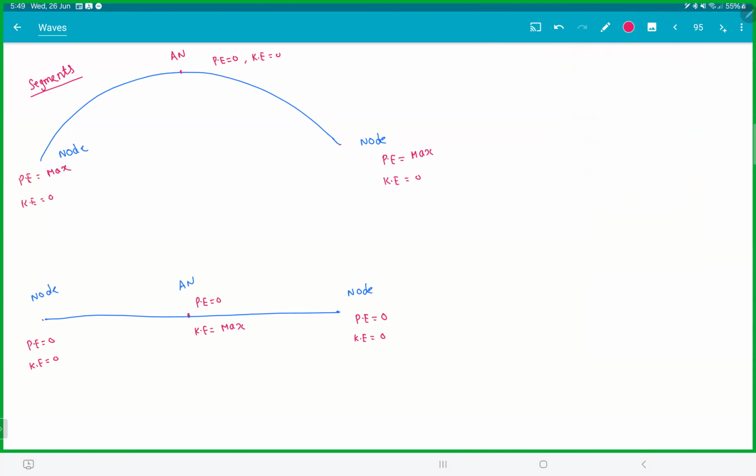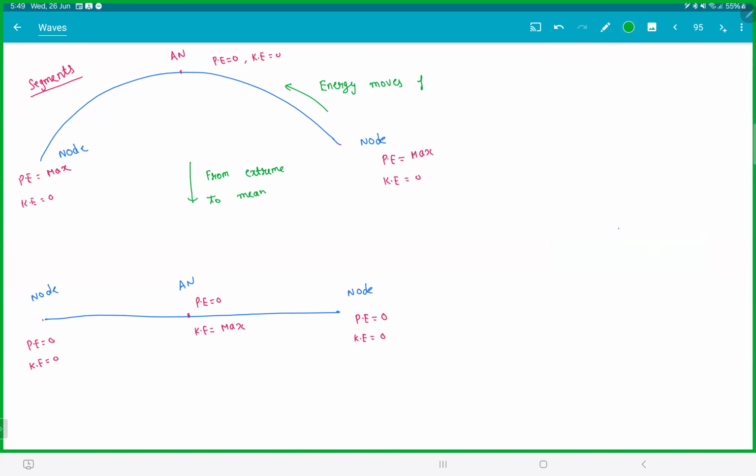Means what happened? While the string is coming down in this process, from the extreme position, when you come from extreme to mean, the nodes are losing energy. Energy transfers like this.